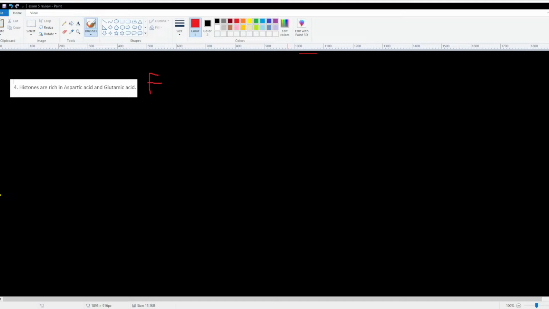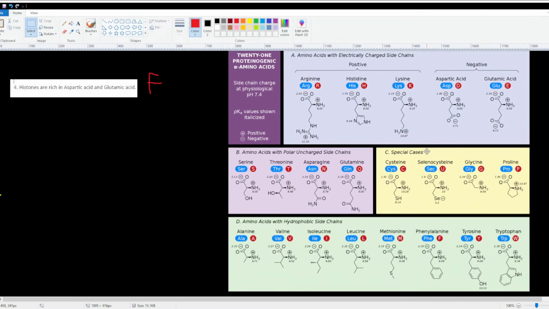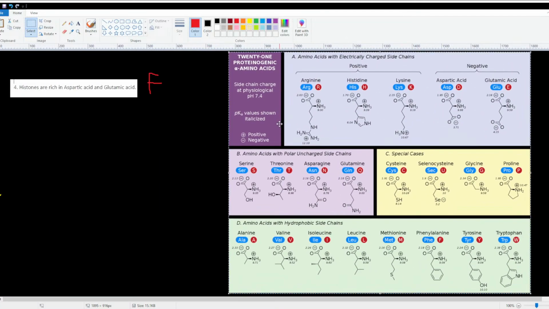So what charges your DNA, right? So DNA is of course going to be negative. So we could look at that in a second. So let's look here. Yeah, this should be good. So here we go. Here we have your 20 amino acids.